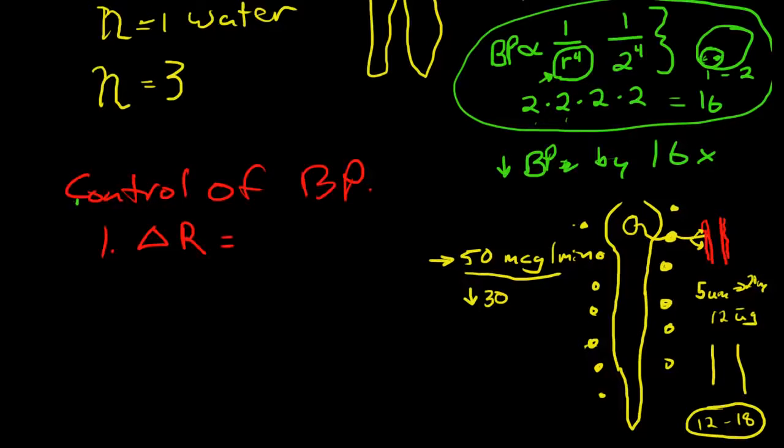The sympathetic nervous system can either increase or decrease the amount of epinephrine and norepinephrine that it is releasing at the local level on the vessels, and cause them to either constrict down towards their minimal size or dilate up to its maximal size.